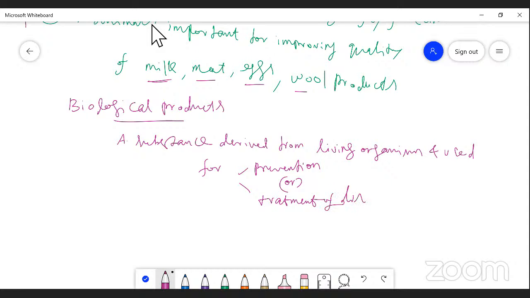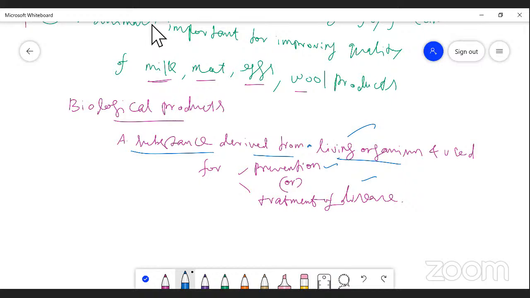That is called a biological product. A substance derived from a living organism, used for the purpose of prevention of disease or for treatment of disease.